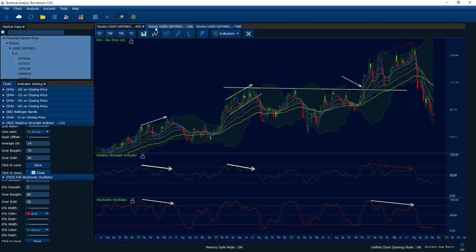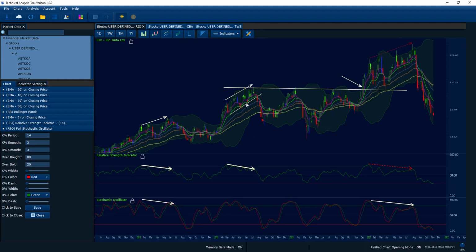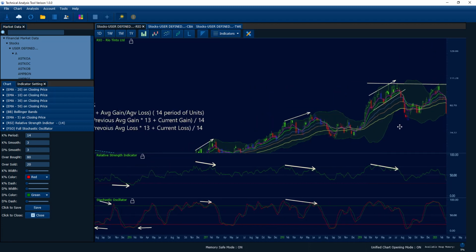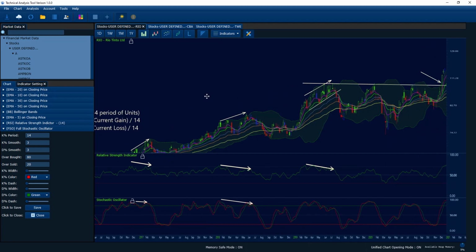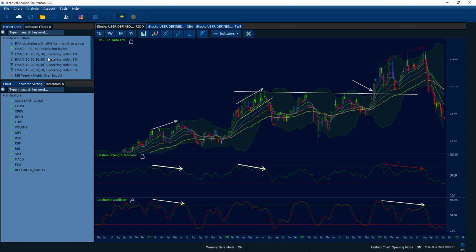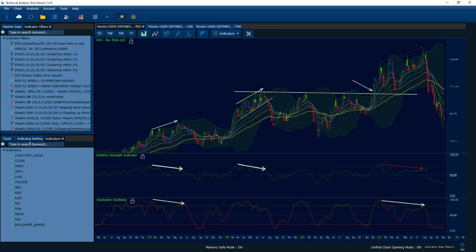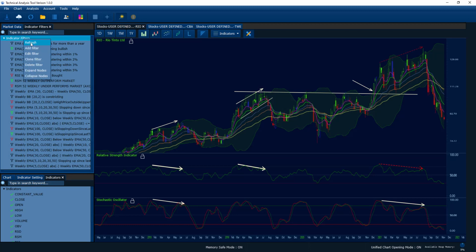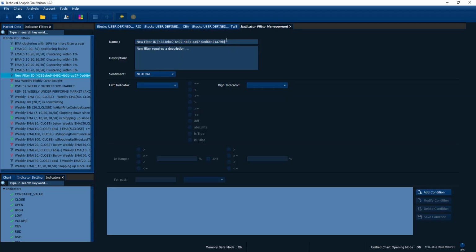And there's a final thing I want to mention: if you want to find out all the shares currently in your market that have a bullish or bearish divergence, you can use our indicator filter. Okay, for example, we want to create a new filter, and you can name it RSI Bullish Divergence Weekly, for example.